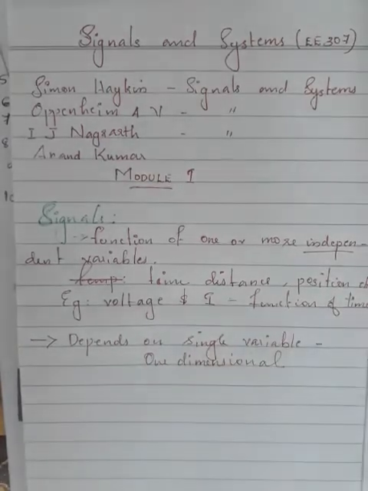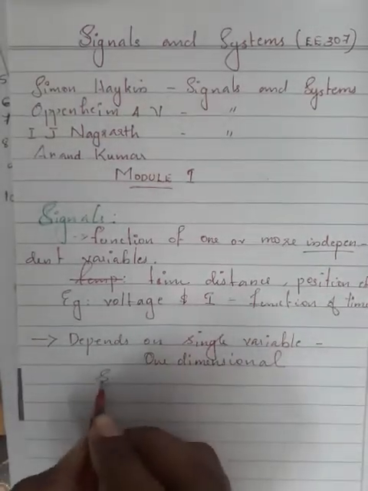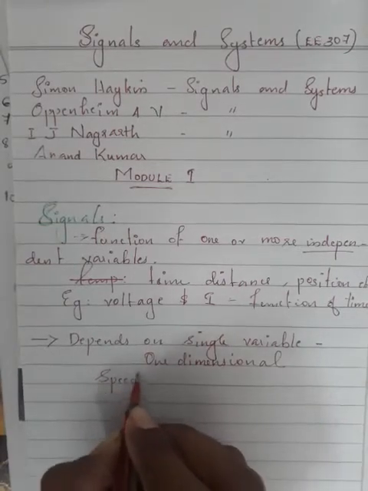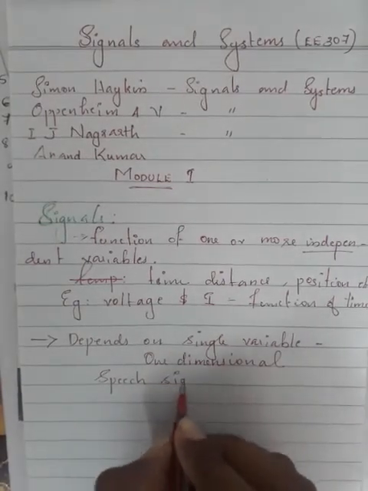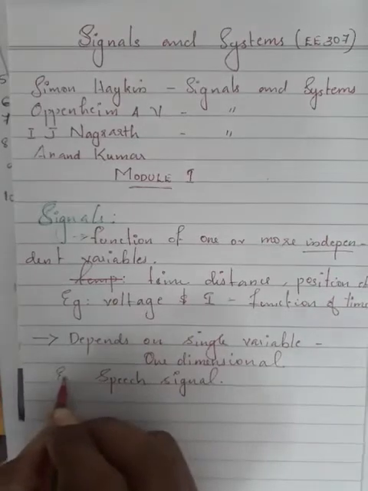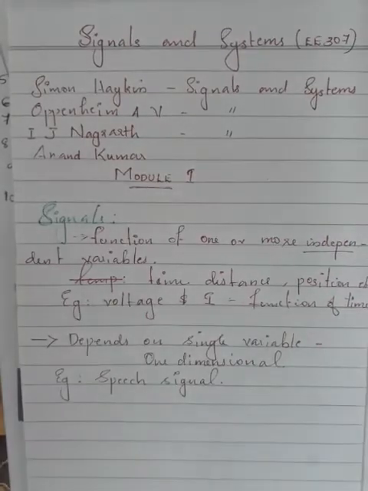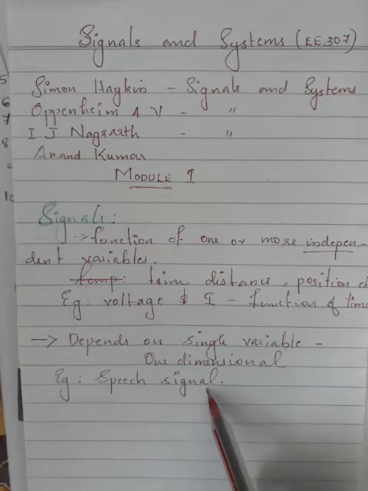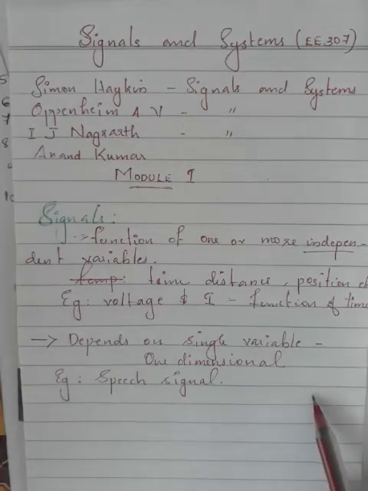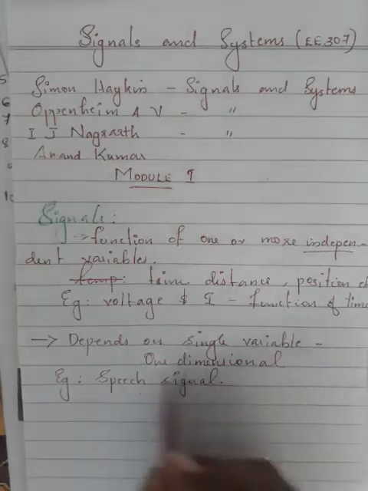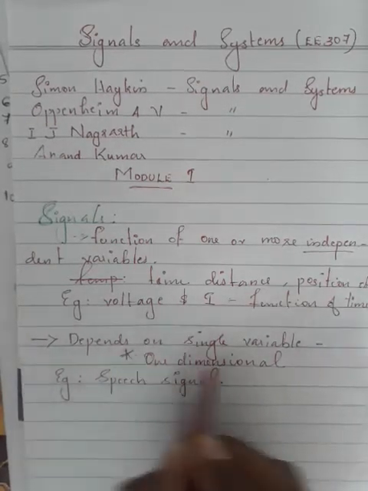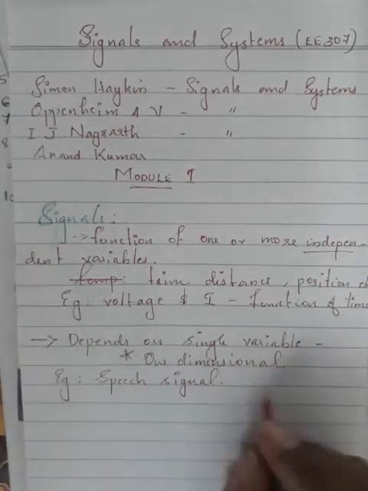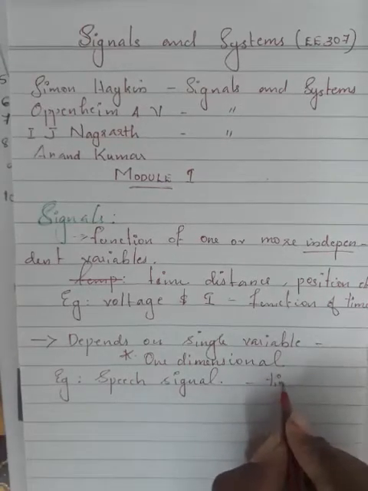For example, a speech signal. Speech signal is a signal which varies with respect to time. Its amplitude varies with respect to time. So a speech signal is a one-dimensional signal, that is, it depends on only one independent variable, that is time.